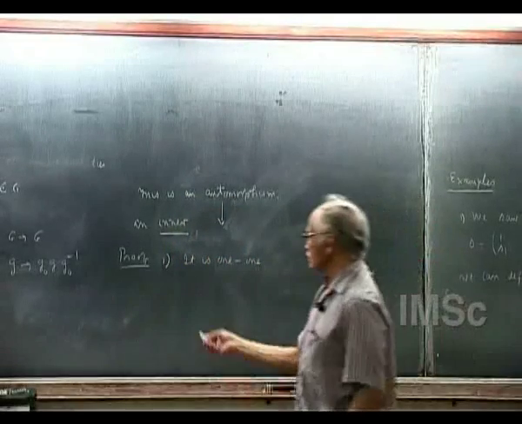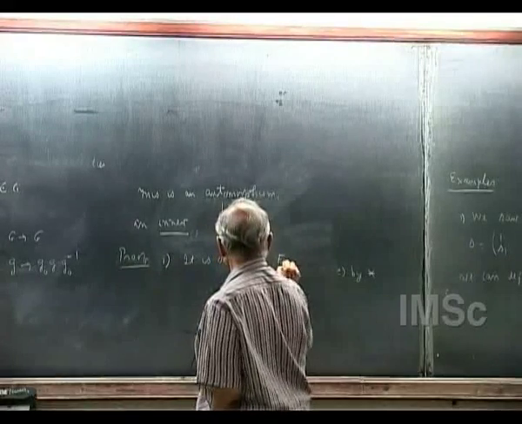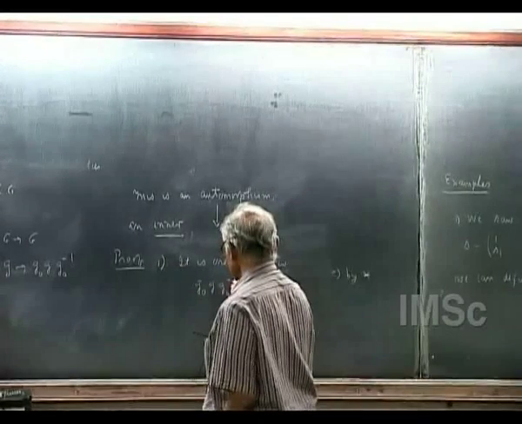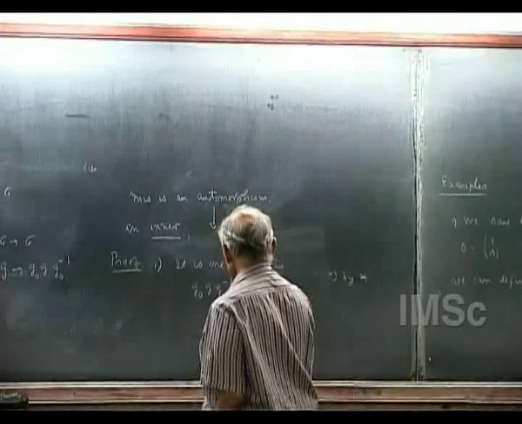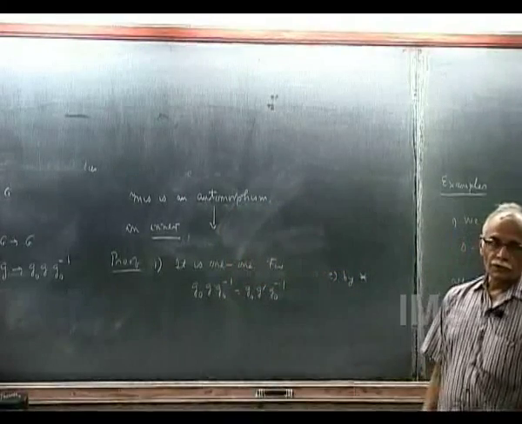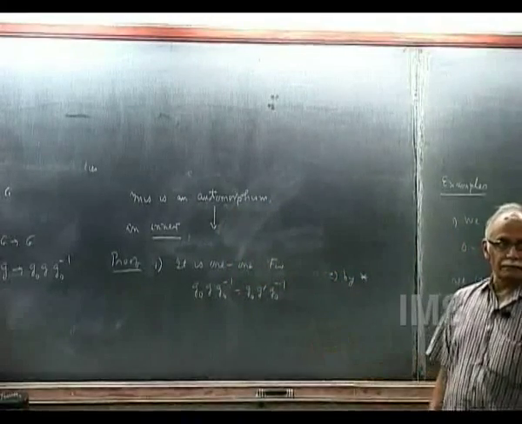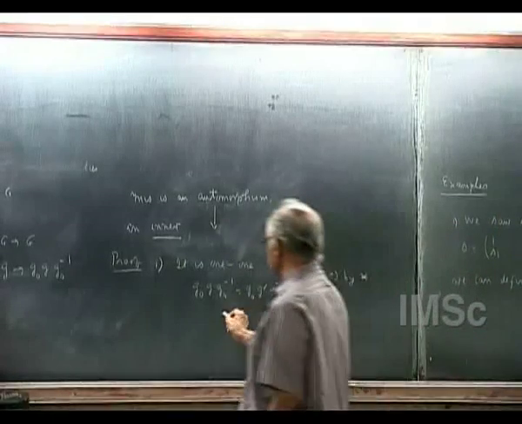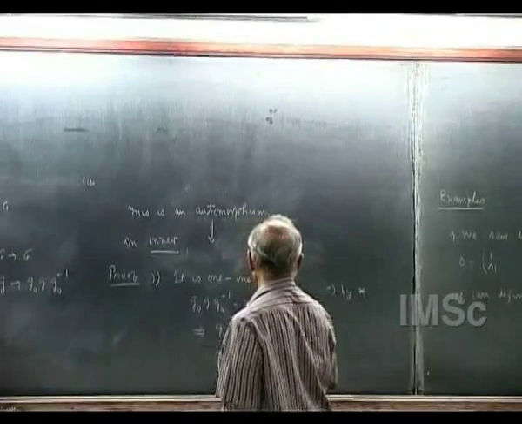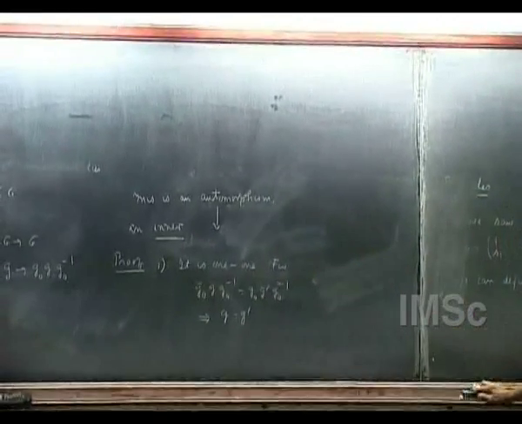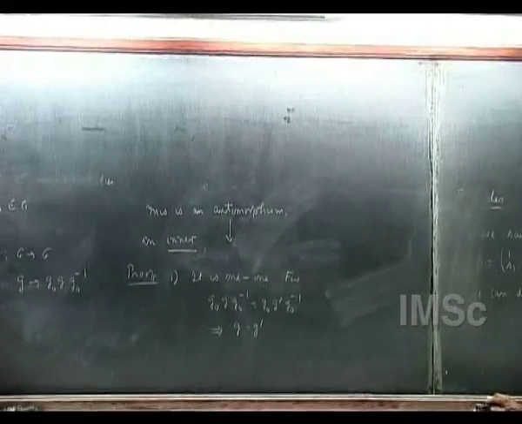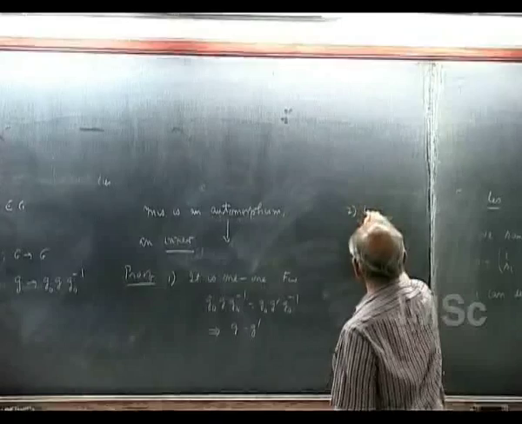The proof is easy because suppose I have this equation G0 G G0 inverse is equal to G0 G prime G0 inverse. I simply peel off the G0s by multiplying the inverses, then I will get immediately G equal to G prime. Right? So it is 1 to 1.